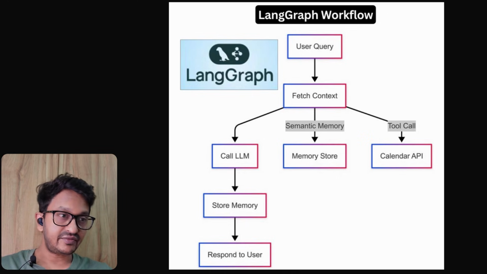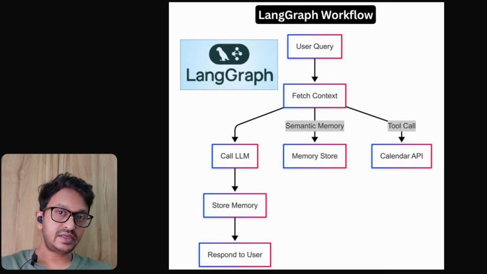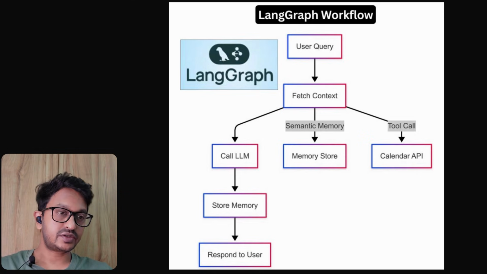It uses the LLM to draft the email based on the context and the tone that we have provided, and then it stores in the memory. Next step, save the interactions as episodic memory for further reference. And then at the end, response generation: return the drafted email to the user. So this is a simple workflow using LangGraph.